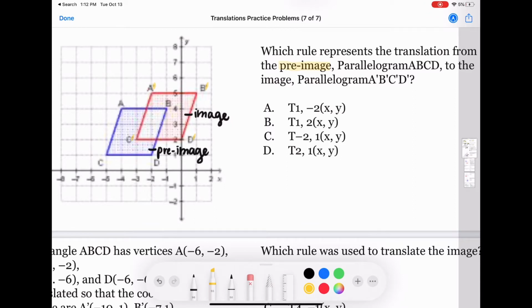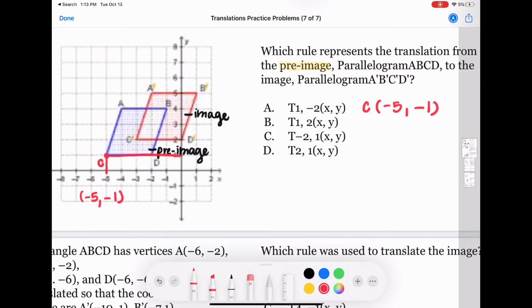Therefore, we want to find what translation took place from the pre-image to the image. We could do this by identifying a vertex. Let's look at this vertex, vertex C. We can identify that this vertex is located at -5 and -1 in the pre-image. So C is located at -5 and -1.